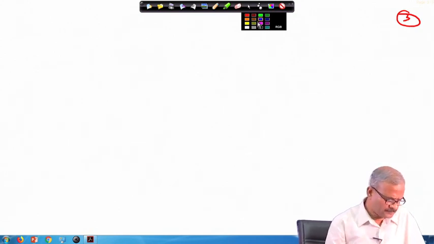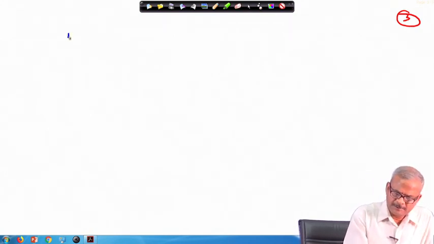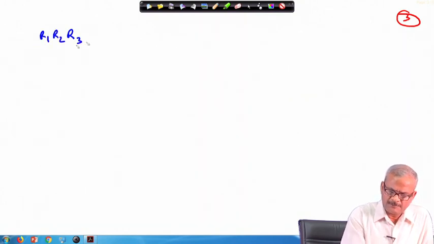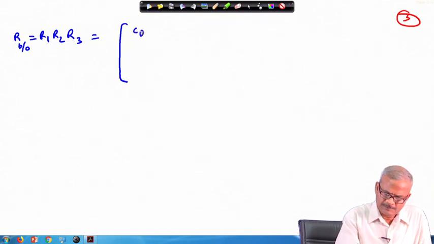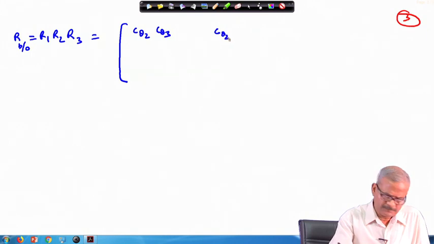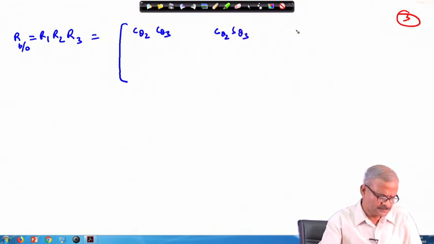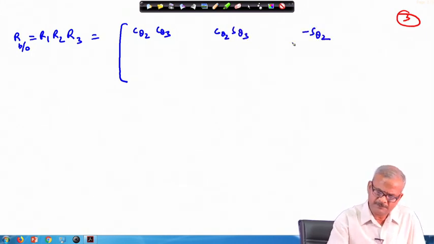And for the third part, you remember that this rotation R 3, R 2, R 1 equals R b to o, this we have written as C theta 2, C theta 3, S theta 3, then minus S theta 2.